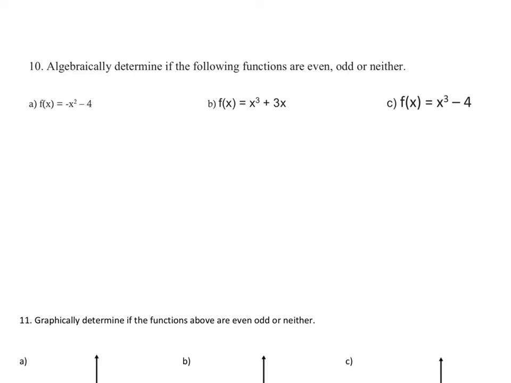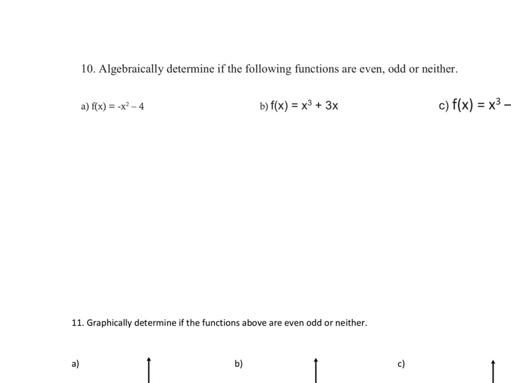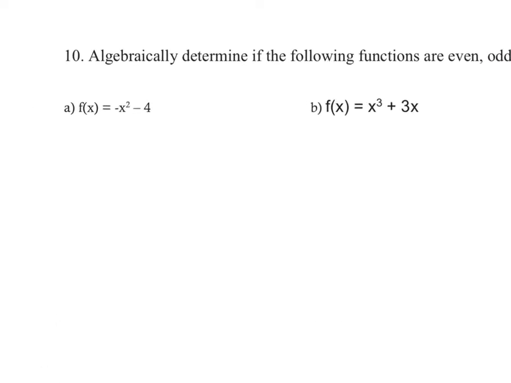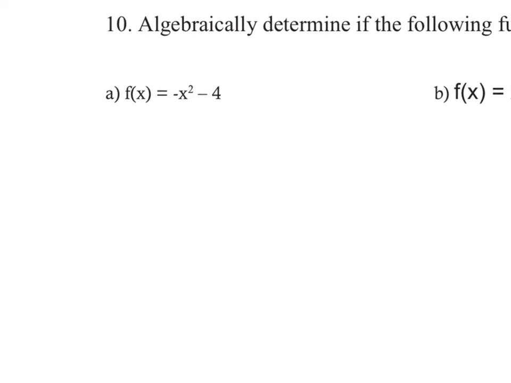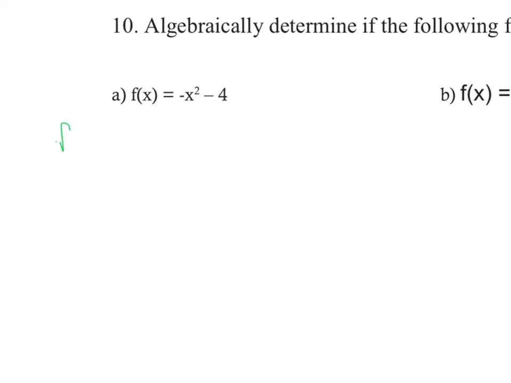This next question says, algebraically determine if the functions are even, odd, or neither. To algebraically determine if a function is even, odd, or neither, you plug in -x wherever you see an x. So I'm going to do negative x squared minus 4. Now this negative will stay outside, and this negative cancels out because it's a negative times a negative. It's squared, so there's 2 of them, and ultimately it just becomes x squared.